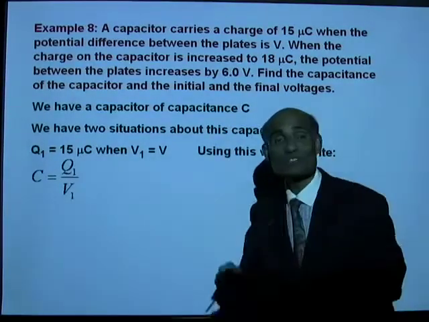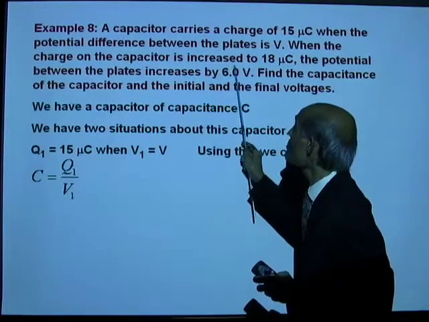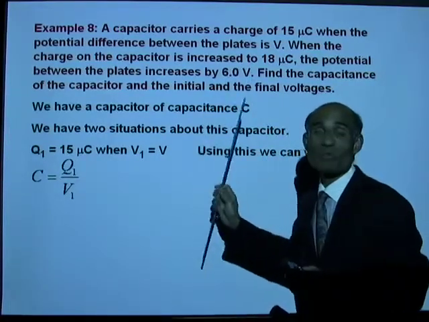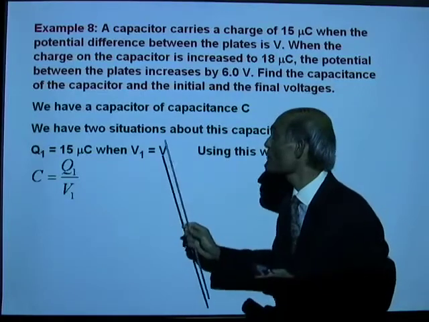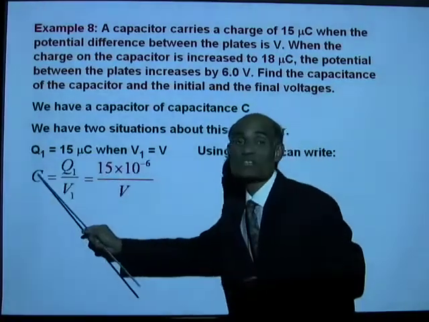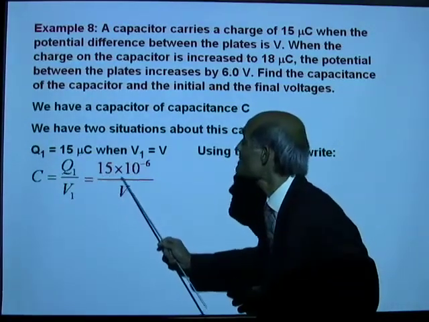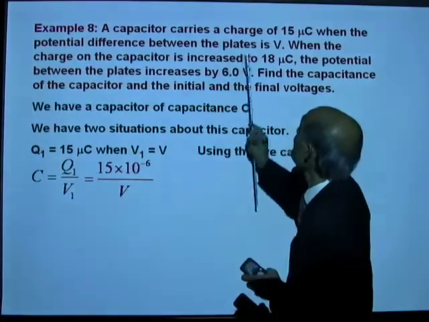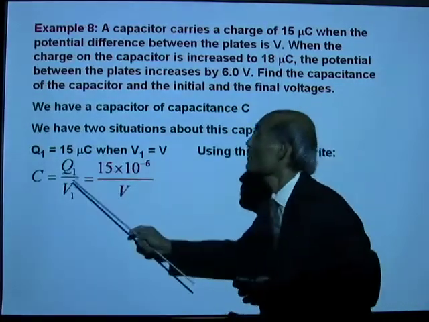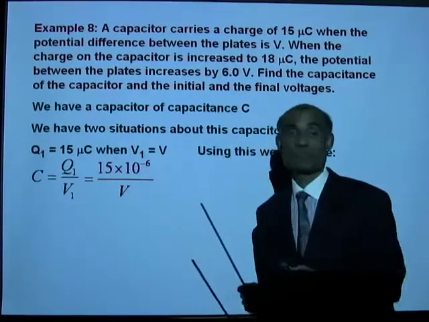Alright, what is the second situation? When the potential difference is increased by 6 volt, that means the new potential difference is, well, you can see that C is Q1 divided by V1. Q1 is 15 times 10 to the negative 6, that is 15 microcoulomb, and V1 equal to V. Now, this is the first situation.